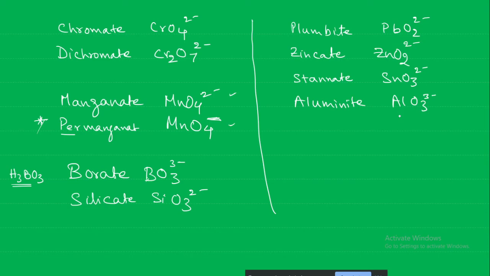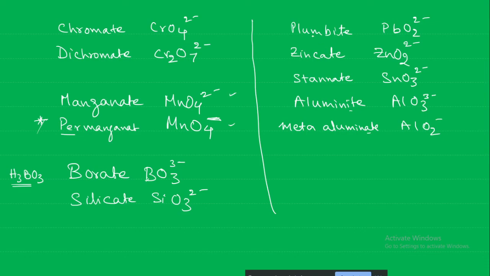With further reaction it becomes meta aluminate, AlO2 minus. Aluminite is AlO3 3 minus and meta aluminate is AlO2 minus. These reactions are given in the hydrogen chapter.